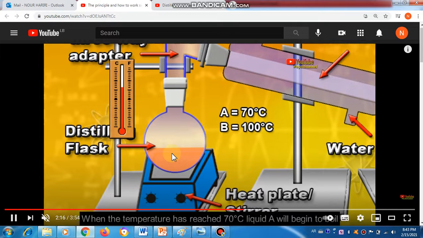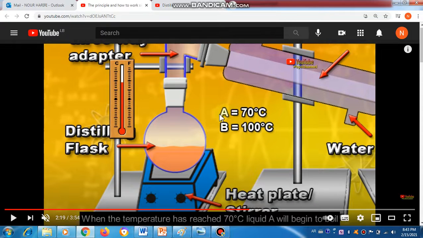The thermometer allows us to read the temperature. طبيعي يا مس التمبريتشر بتبلش تعلى شوي شوي، لنقول من درجة حرارة الغرفة 21 بتبلش تعلى 30 40 50 60 توصل على 70 قبل 100 أكيد.